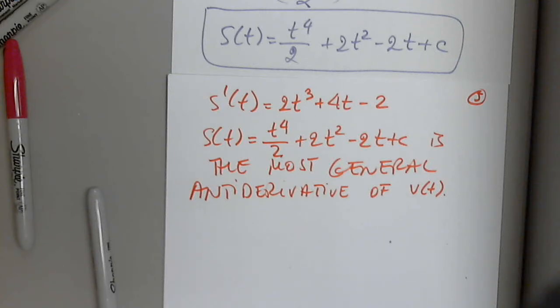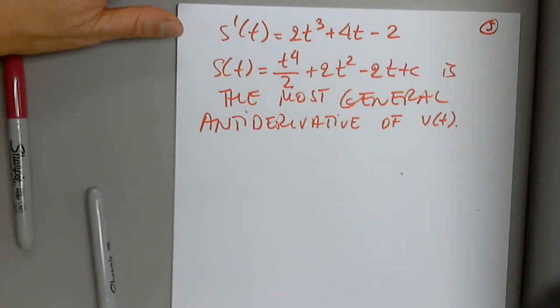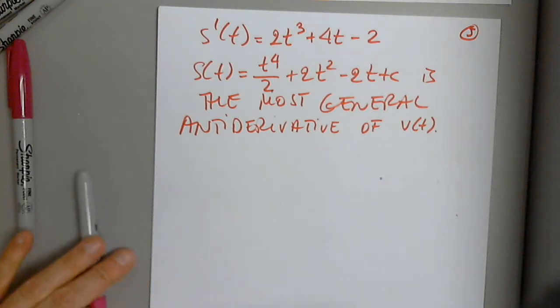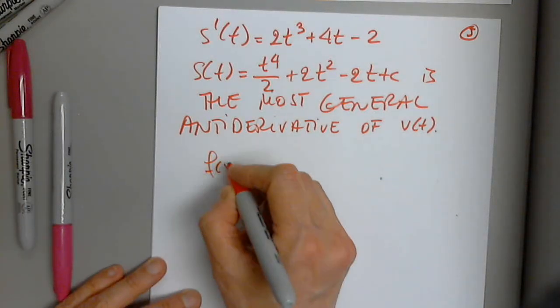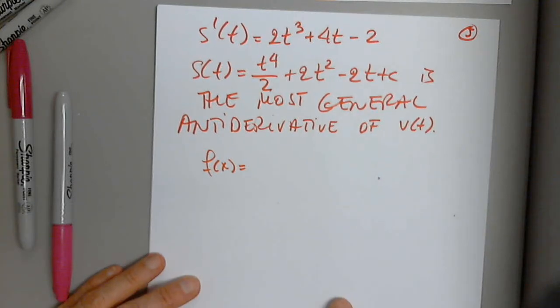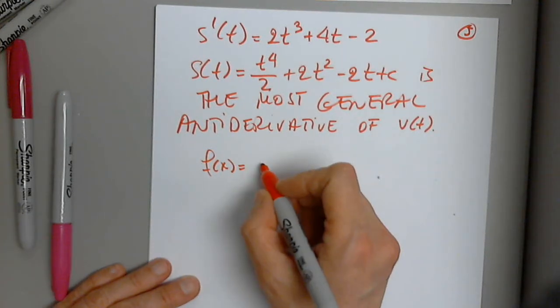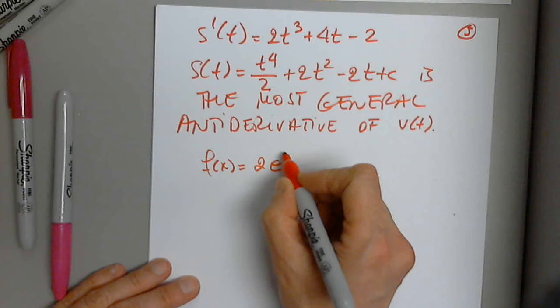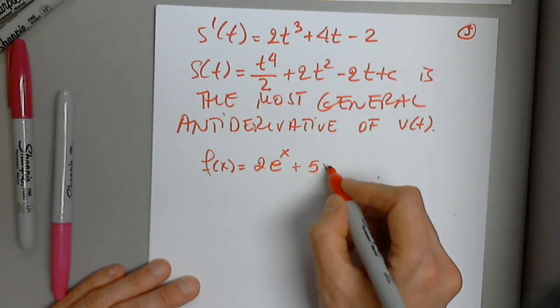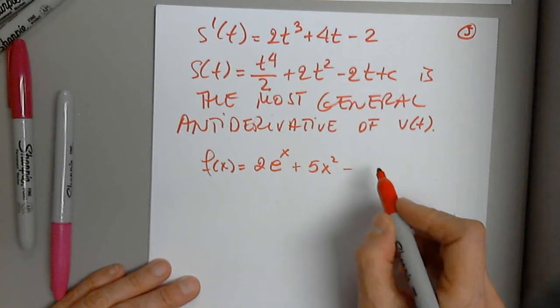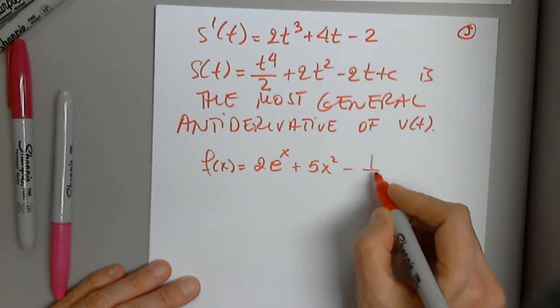Okay, let's look at another example. I don't like the notation that they use already. I have to make up an example. I'm not going into the notation just yet. Okay, ready? So let's say I'm given a function that is 2e to the x plus 5x squared minus 1 over x.